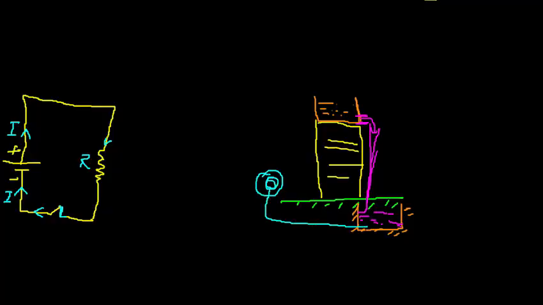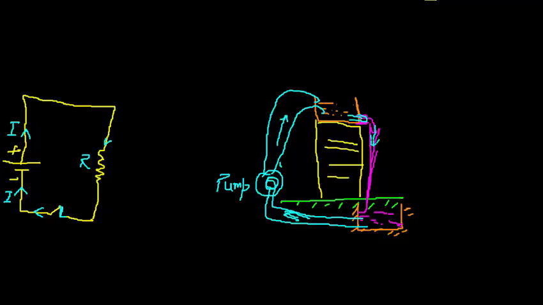What it does is collect the water from this base and throw it up. So the water goes in this direction from this pump. This is a pump or a motor, right? It lifts the water up. Again the water comes here in the upper tank. From the upper tank the water falls down, right?